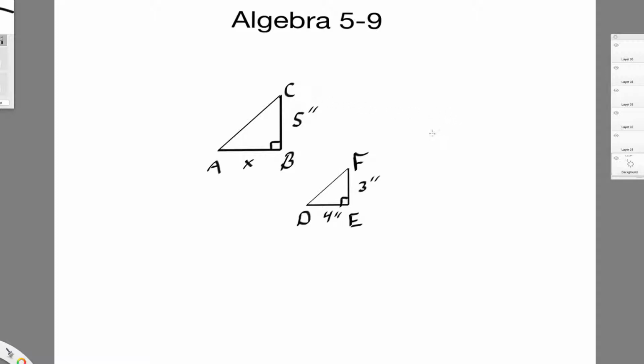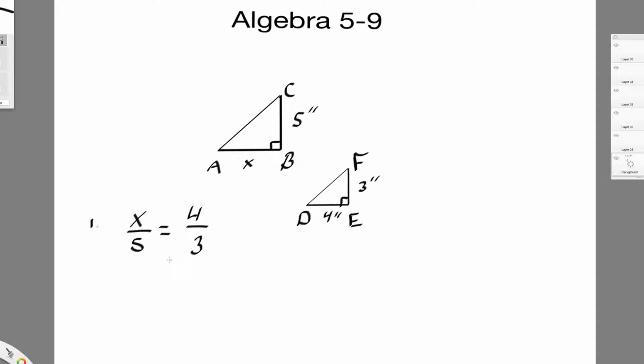So we have two ways we could go at this. Let's look at way one, and that is that x is to 5 as, what side corresponds to side x? Well, that's the side D, our 4-inch side. So that's 4 inches, and 5 corresponds to 3, as 4 is to 3.